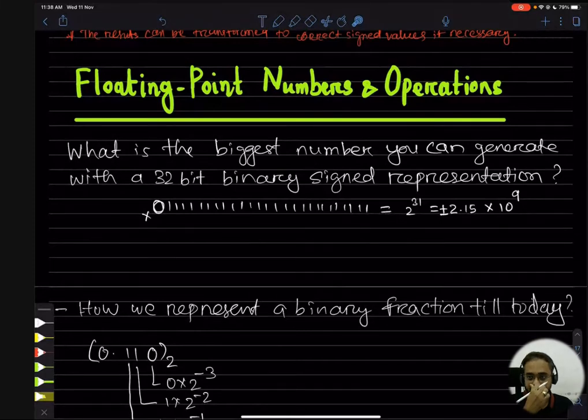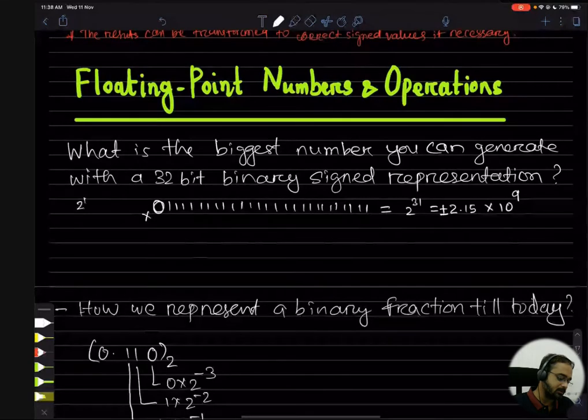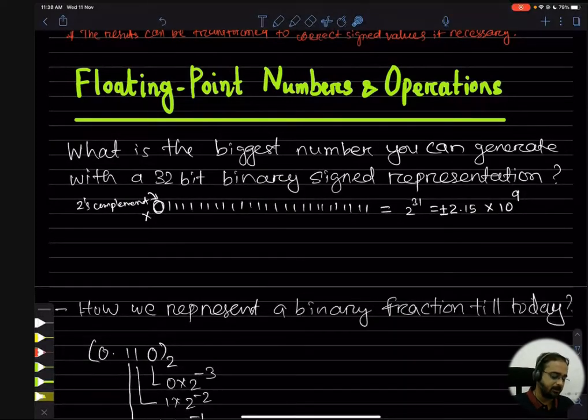We cannot represent bigger numbers in any of these methods. This is normally called the 2's complement representation. In this, the first bit will be either 0 or 1.